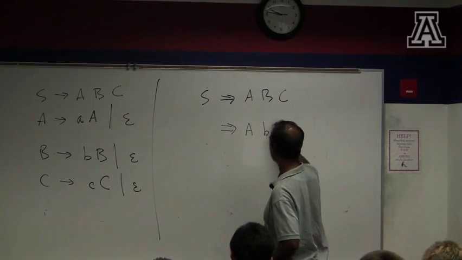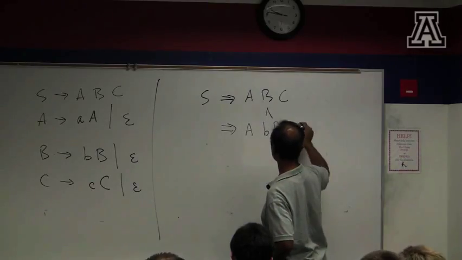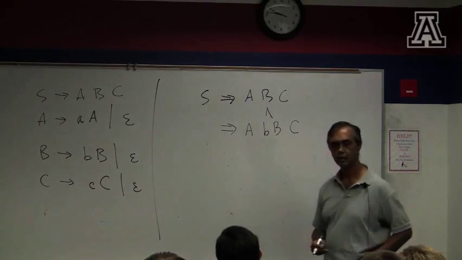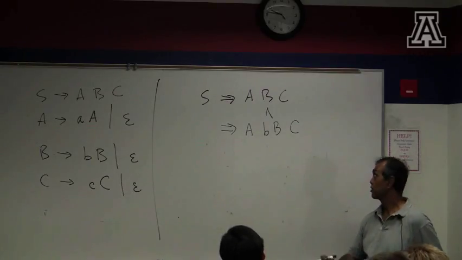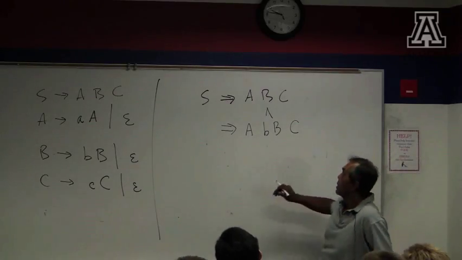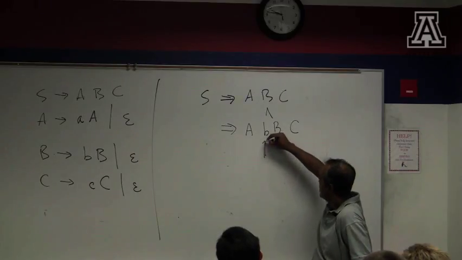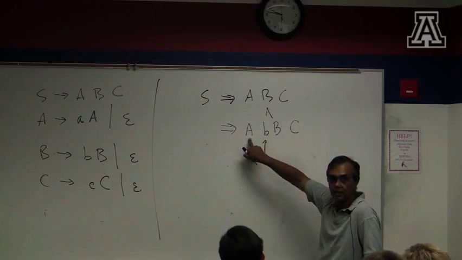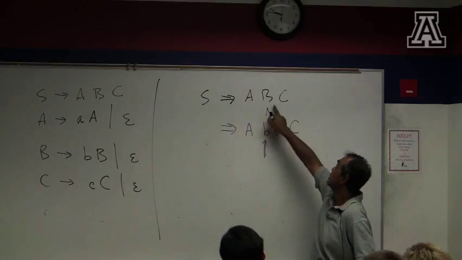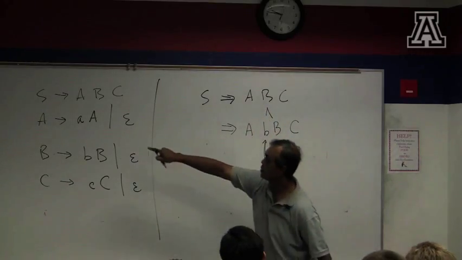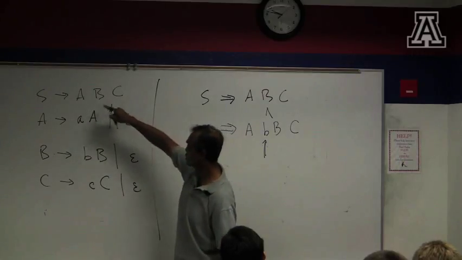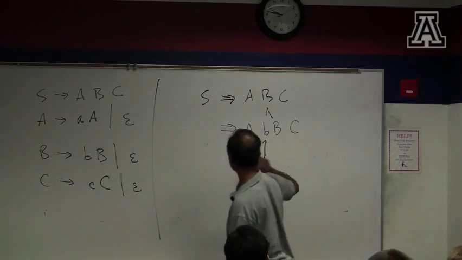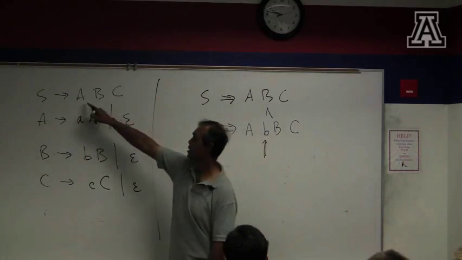A B B C. So from here, I can see that B should be in the follow of A, even though that's not obvious just looking at the grammar rules, right? There is no particular grammar rule where this token B appears to the right of A.